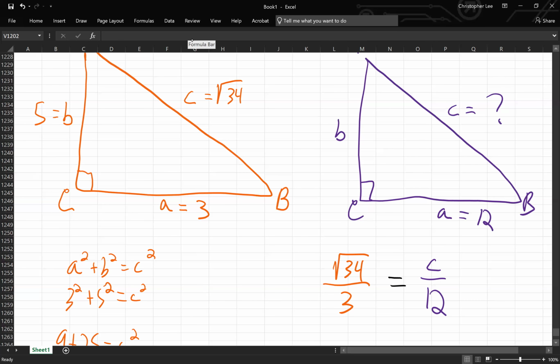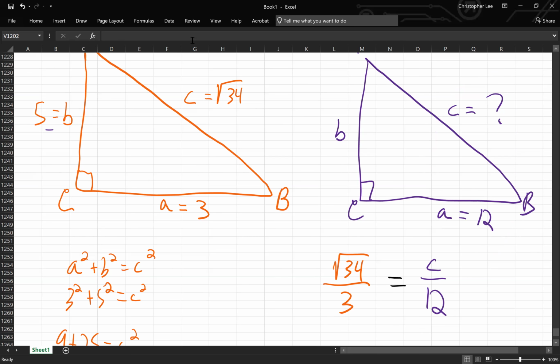Everybody sees how I did that? There's multiple ways you could do this, but you see how I did this, right? I just took the square root of 34 and put it over the 3, and I made it correspond to the one that I have here, right? Now I'm avoiding using the B term because I know what this B term is, but I don't know what this B term is, right? So I'm trying to make my life easy, right?